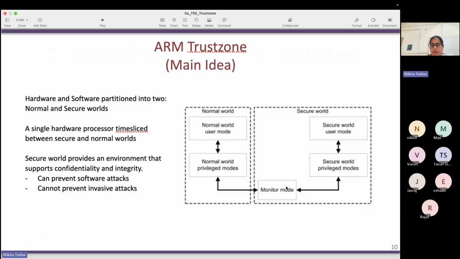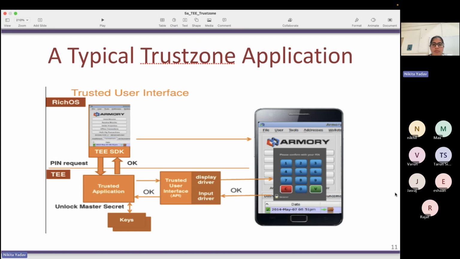Now, what is this? We will come to the more details next. But what can you achieve with TrustZone? An application of TrustZone can be something like this.